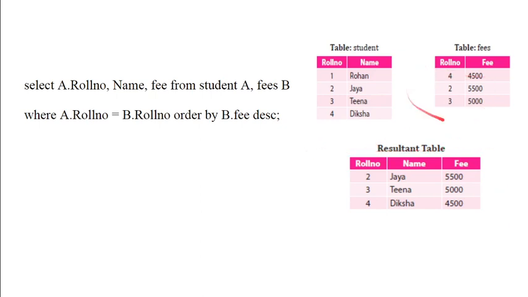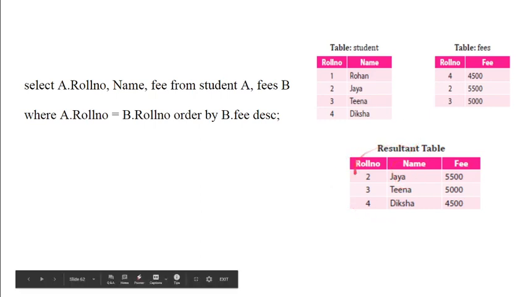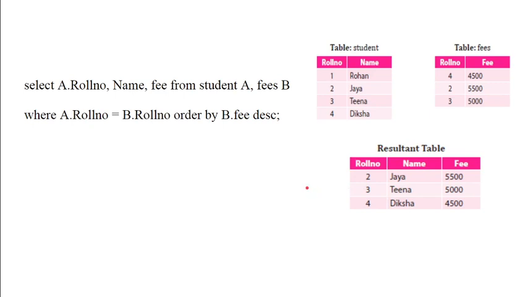That is, all the data in the second table is selected and the data which are common in both the tables is also selected, then it is called outer join. So inner join and outer join are a type of equijoin.